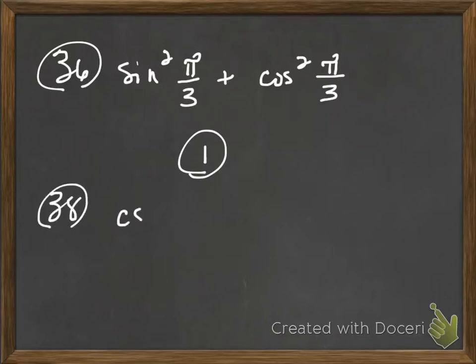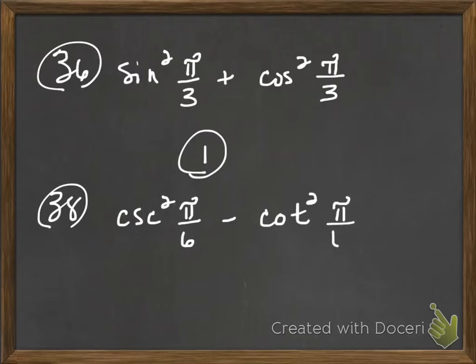38 is asking us to take cosecant squared of an angle minus cotangent squared of the same angle. And this goes with another one of our identities, and that identity says 1 plus cotangent squared of an angle is equal to cosecant squared of the same angle.